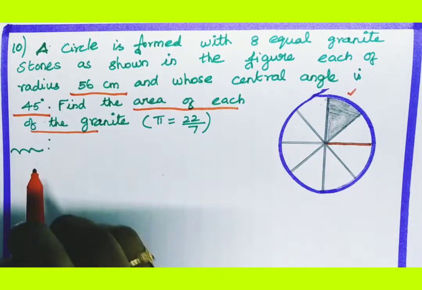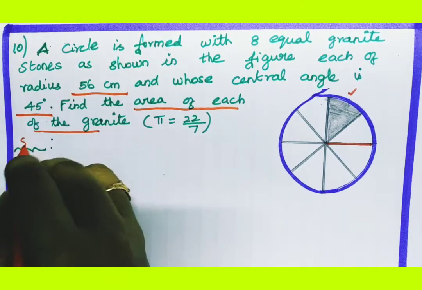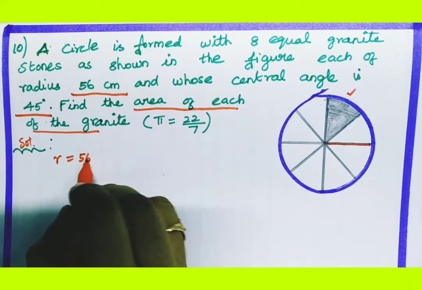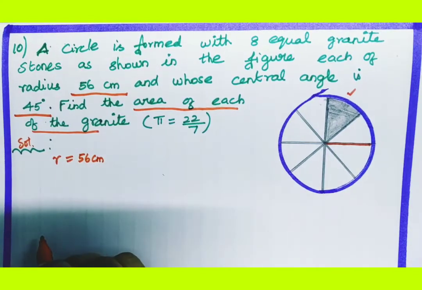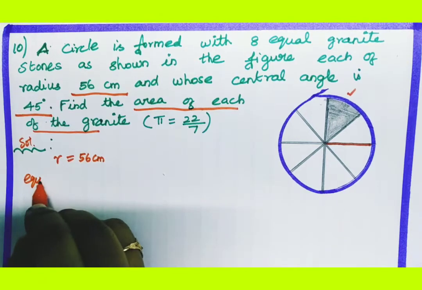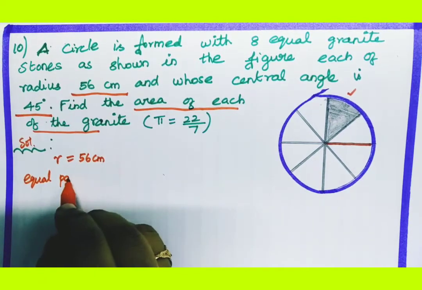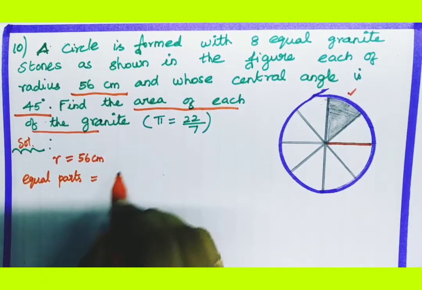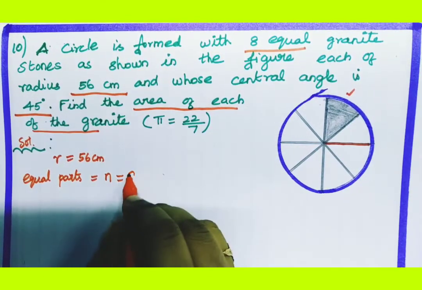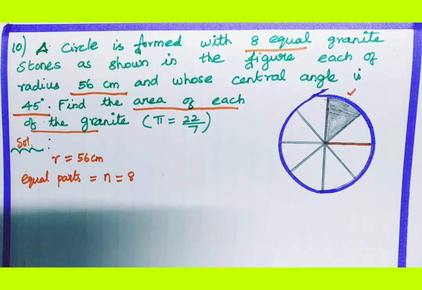Okay, first I'll write the given solution. Given the radius is equal to 56 centimeter. Okay, so the equal parts are given. How many parts? 8 equal parts. So n is equal to 8. Okay, equal parts we take as n.